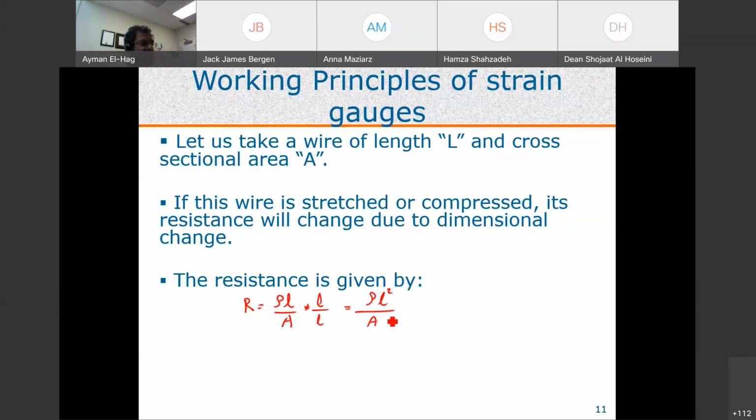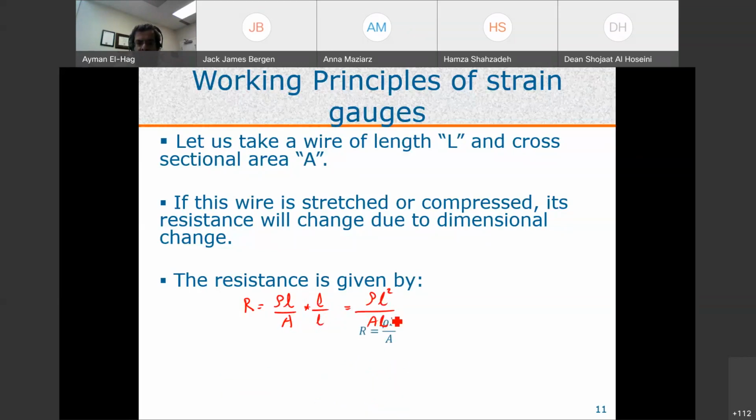Now let me take the derivative of this. Oh yeah, there is an L here. So here, rho L over A, this is your resistance. I will multiply by L over L. Okay, so here you will have rho L squared over A times L. You can see the formula here.